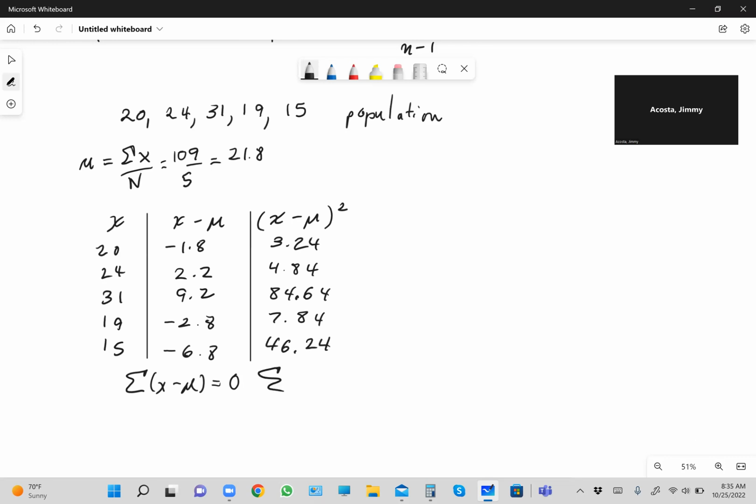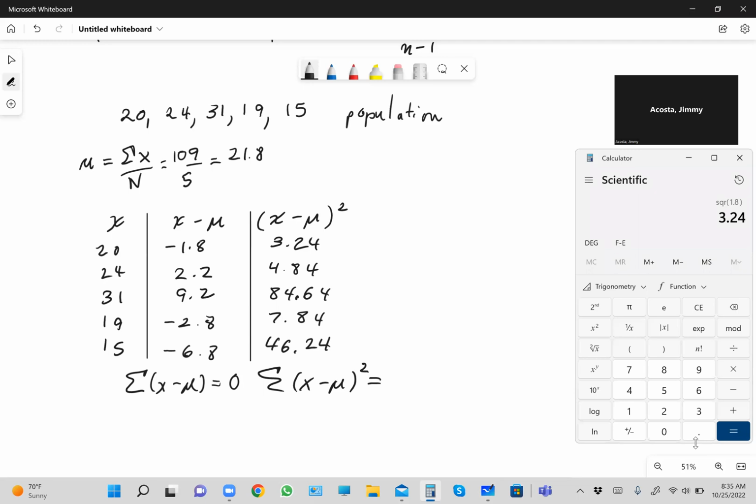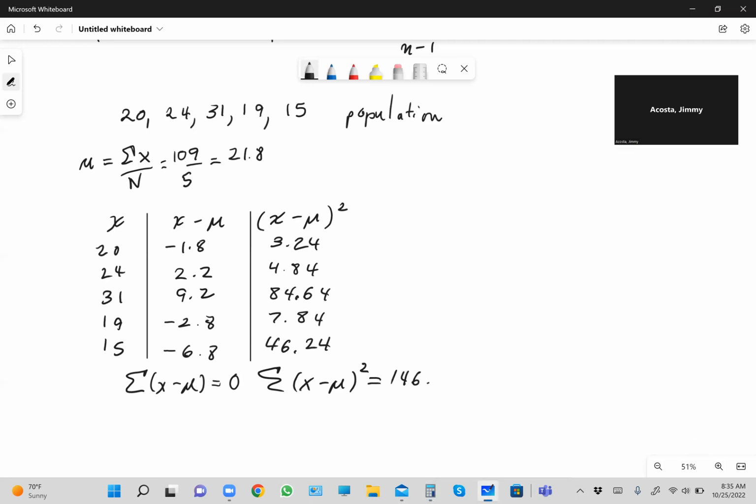And now we add up these. This is called our sum of squares. Add them up. What does it add up to? 146.8. Does everybody concur?